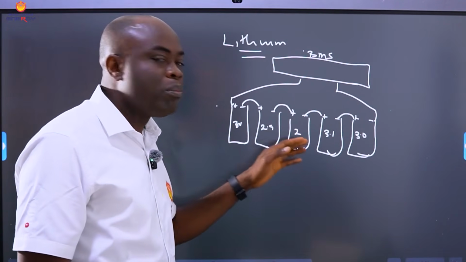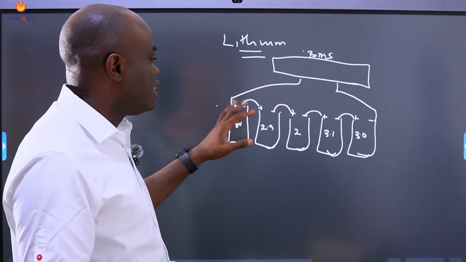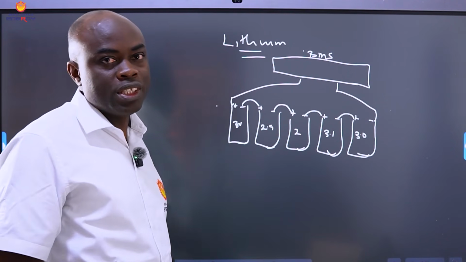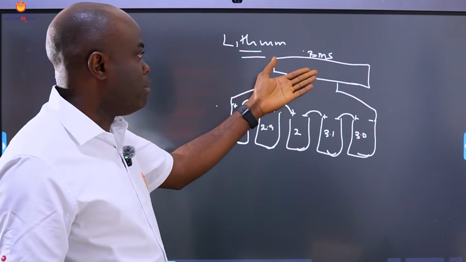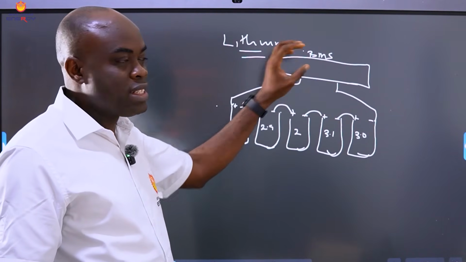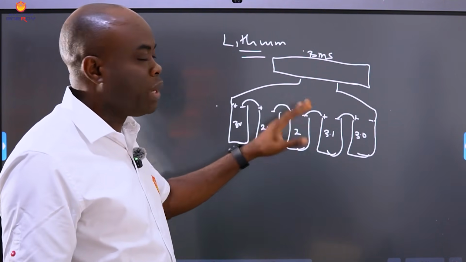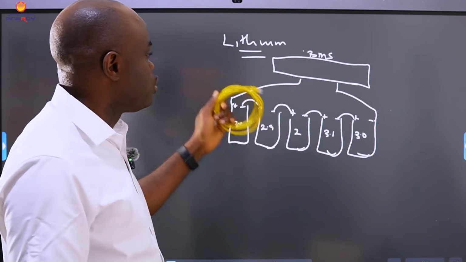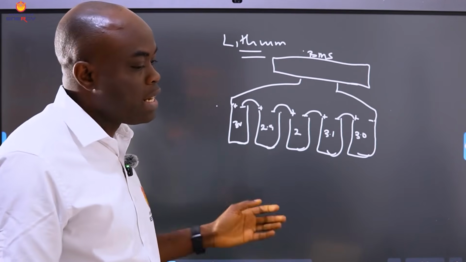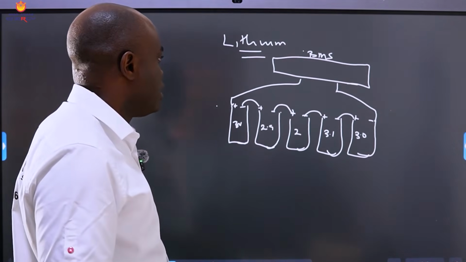What can detect the temperature of each of these cells? What can detect what is happening to each of the cells? That's what the battery management system does. Inside of it has a lot of programs that carry out the functions we have just listed out. So a lithium-ion battery has a battery management system.